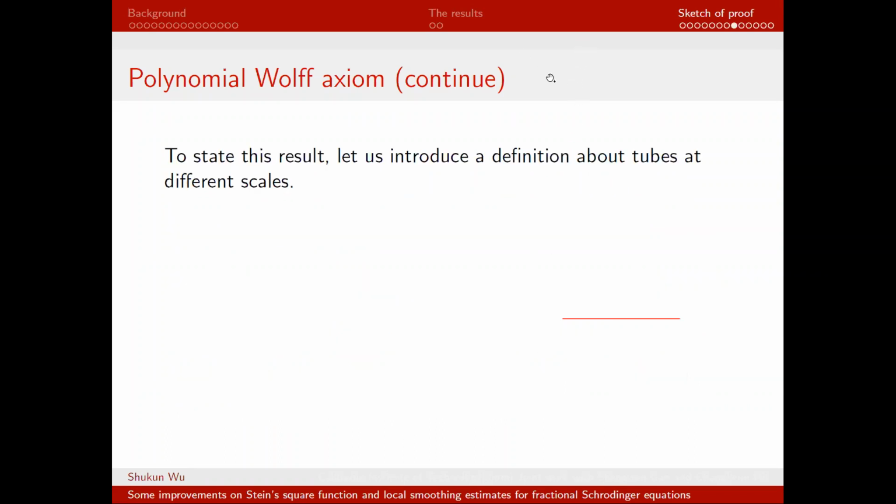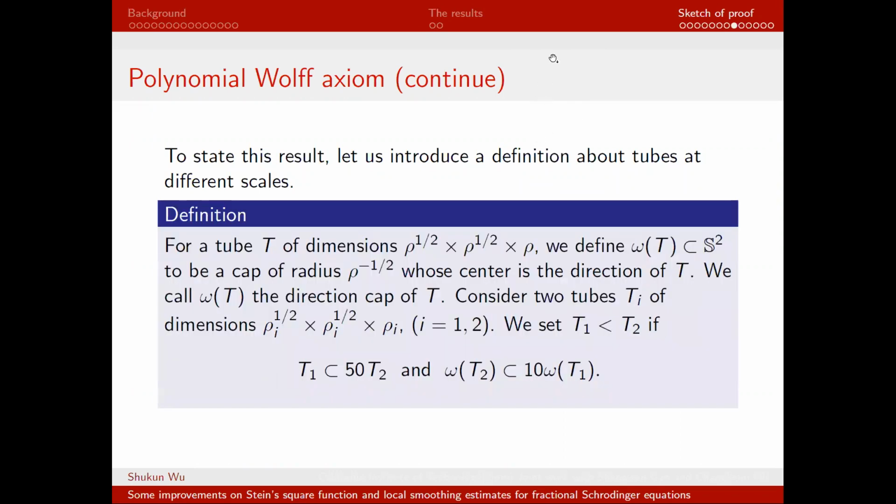Okay, let's be more precise. So we first introduce a definition about tubes at different scales. For a tube T, we define the directional set as a rho to the negative half tube whose center is the direction of T. This we just talked about before.